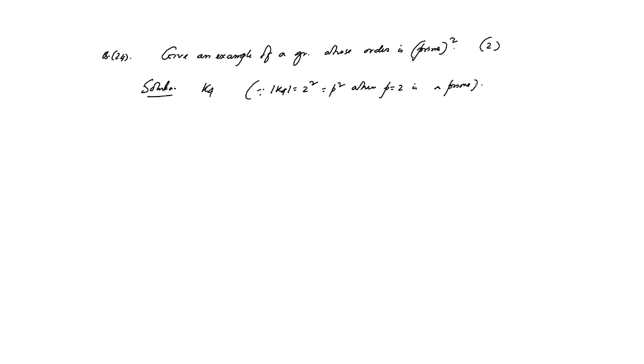And here an important observation, or you can say a recall: K4 is the smallest non-cyclic group. However it is abelian, but it is the smallest non-cyclic group.